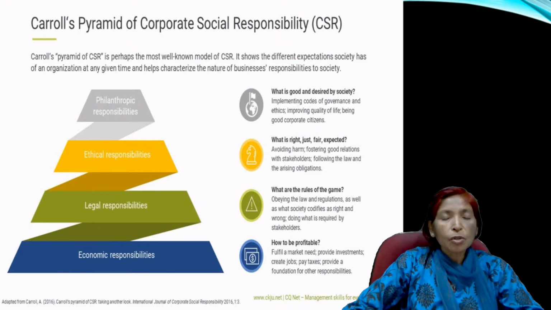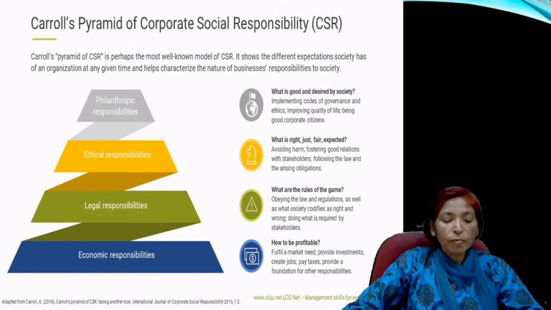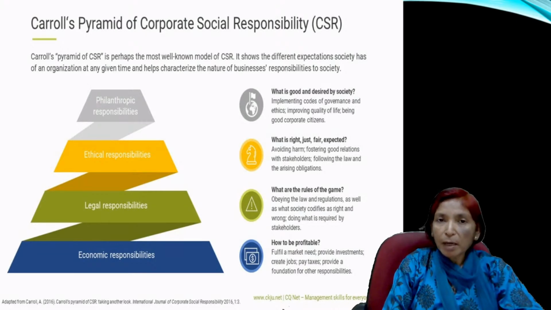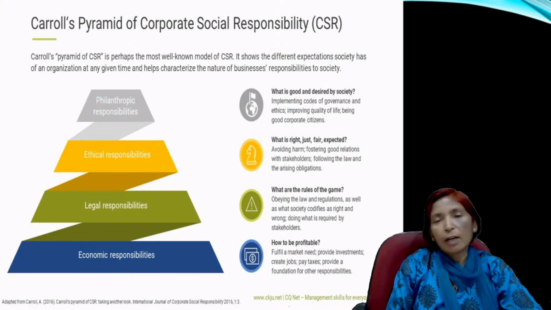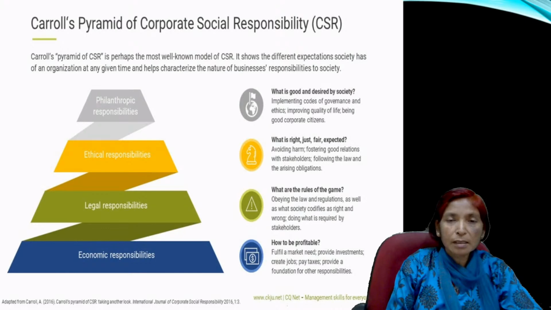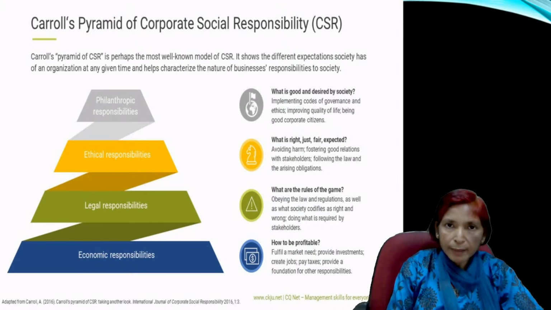A company should make a good qualitative product and provide it at a reasonable price to the customers, and its main responsibility is to save the environment and control the depletion of the environment. It is its legal responsibility that no illegal product should be produced by the company, and each and every contract should be valid, not void.